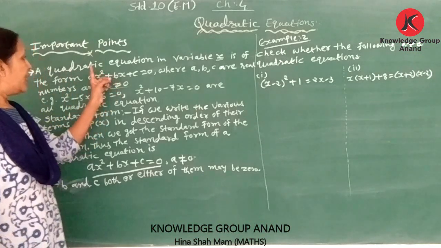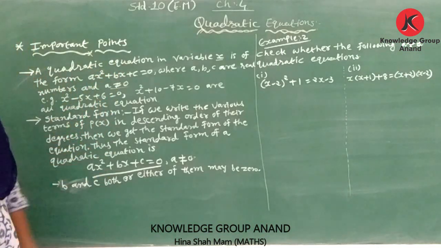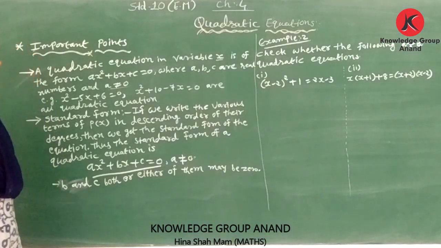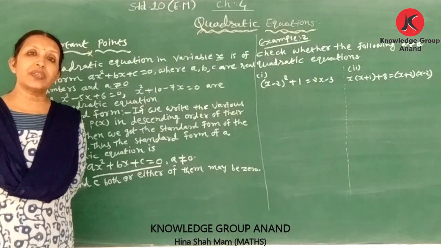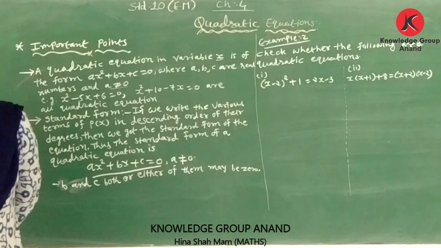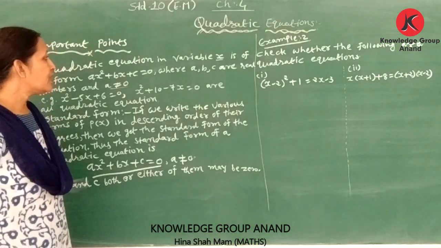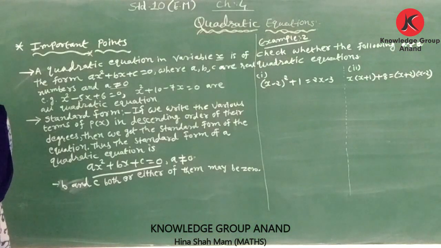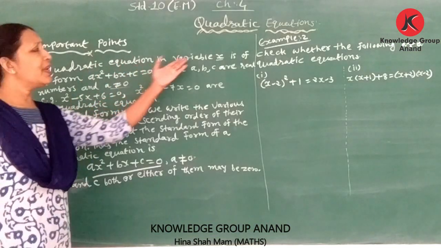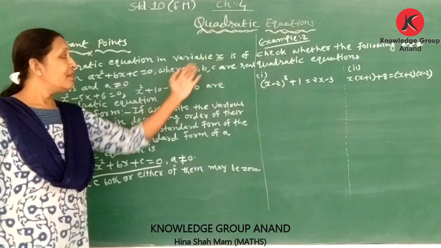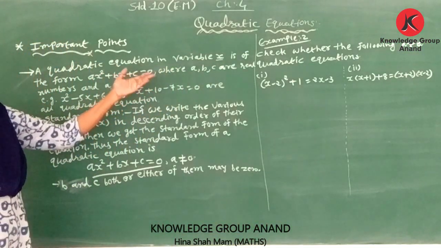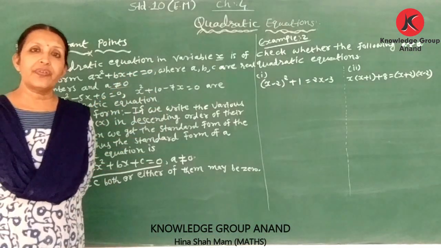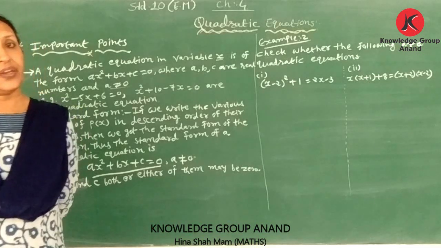Otherwise, if you take the variable y, then you write ay square plus by plus c is equal to 0. A, b, c are the coefficients of the terms y square, y and the constant respectively.